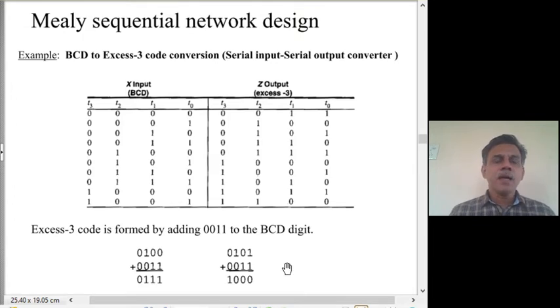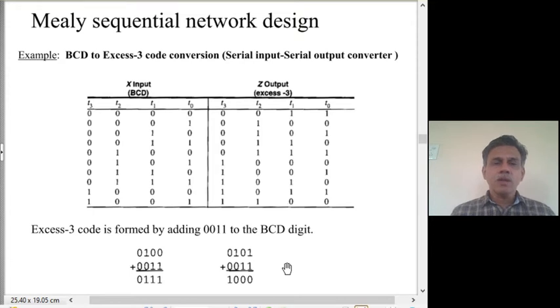Well, if it were a parallel bit addition method, then given a BCD number, it is easy to use a 4-bit adder and give 0011 as the other input to this adder and get the output, which would be the XS3 number. The problem would be so simple. We just need a 4-bit adder.